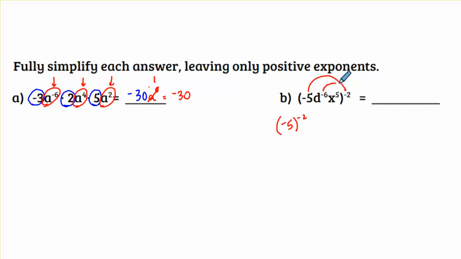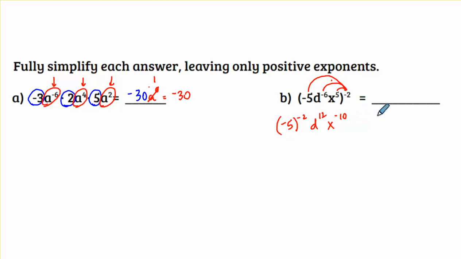Then we have D, but now we can multiply these exponents since that's what the rainbow rule or the power of power rule tells us to do. -6 times a -2 is actually a +12. Okay, and now for the x, I'm going to multiply those two exponents, and a +5 times a -2 is a -10.